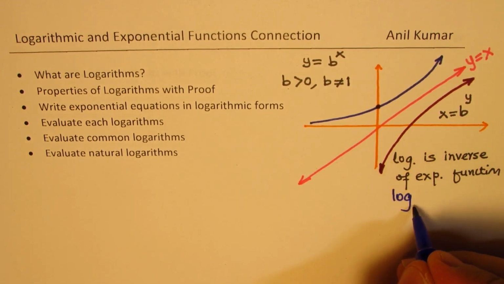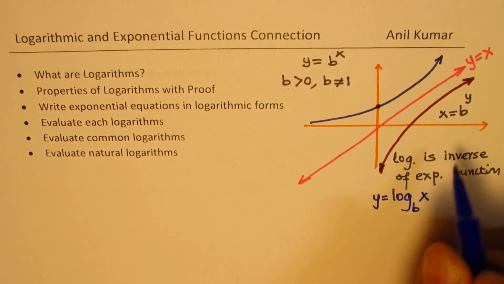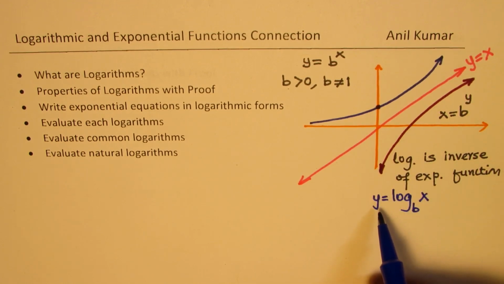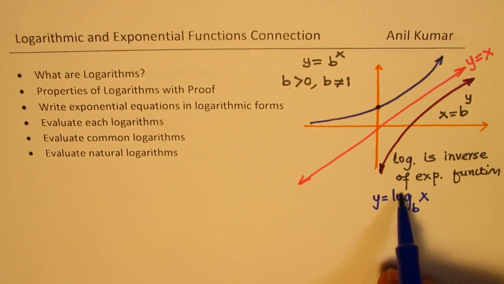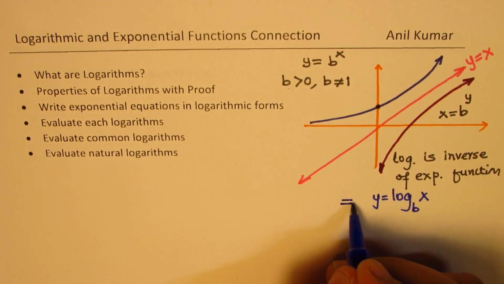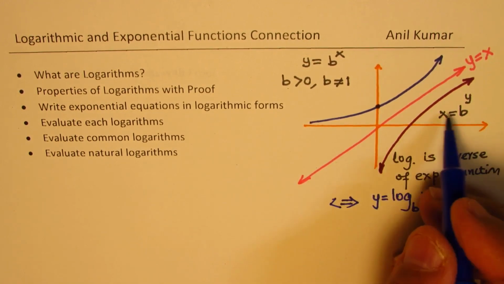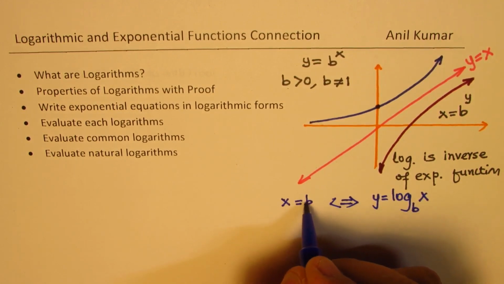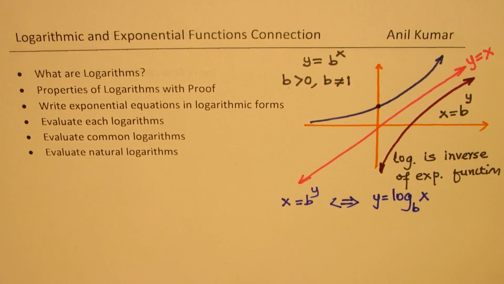The base is b, so log base b of x, and that is the value of y. So writing this inverse function, y equals log to the base b of x. Now this is exactly the same as what I have written here, which is x equals b to the power of y. So these two are the same things, correct?